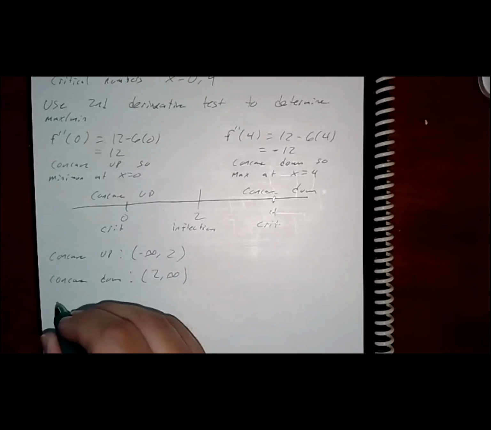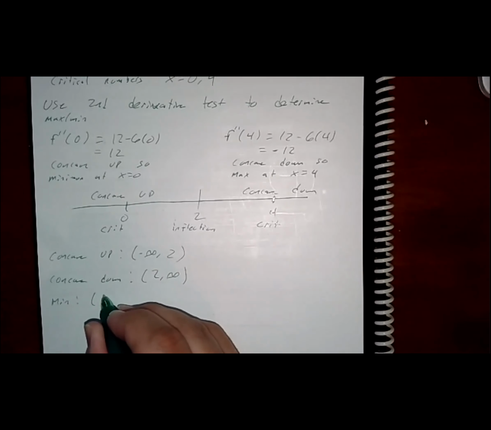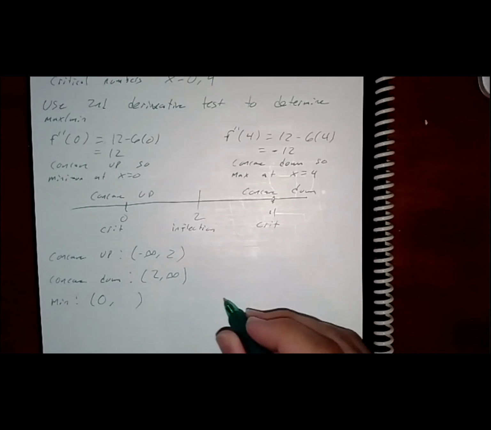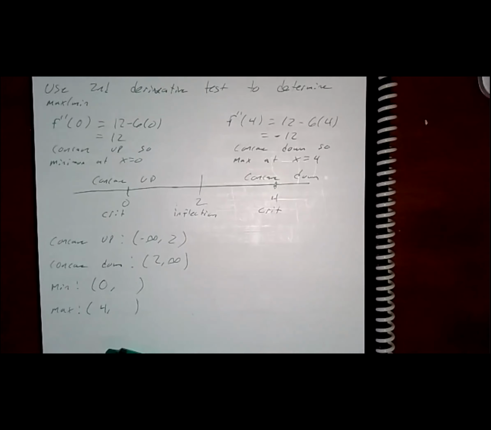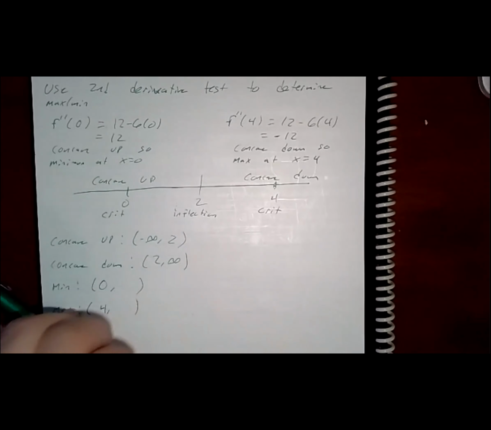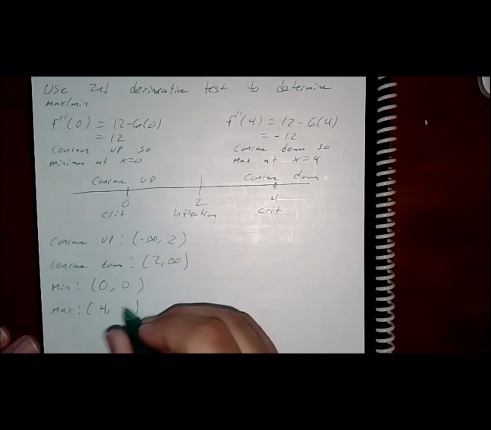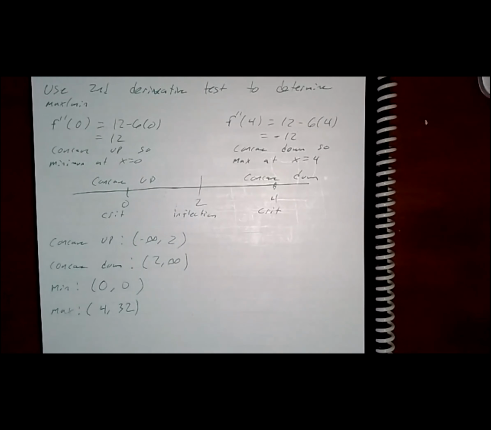And if they were to ask, minimum would be at 0, comma something. Max would be at 4, comma something. According to the graph, this is 0 and 32. So I did extra work on that question, even though the answer is something simple.